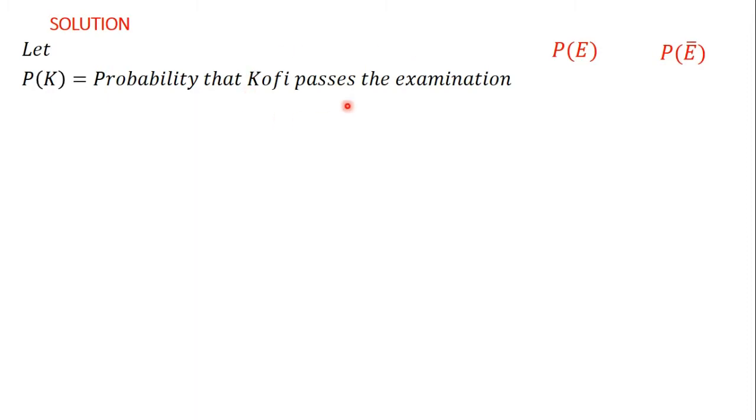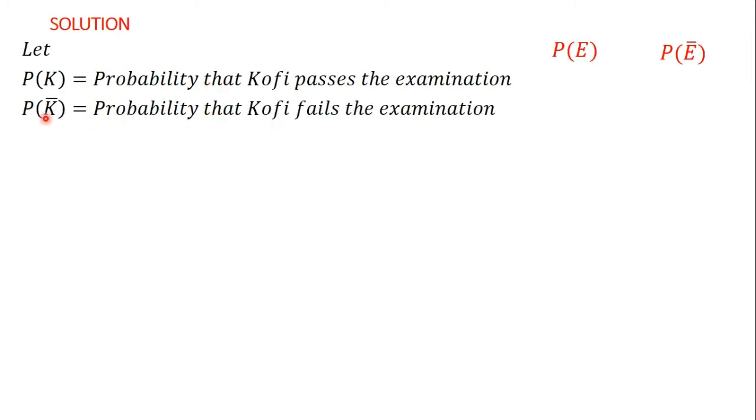If we are applying that here, we can say that if P(K) is the probability that Kofi passes the examination, then P(K complement) is the probability that Kofi does not pass the examination, or the probability that Kofi fails the examination. So P(E) is the probability that an event will occur. P(E complement) is the probability that that event will not occur. We are applying that here.